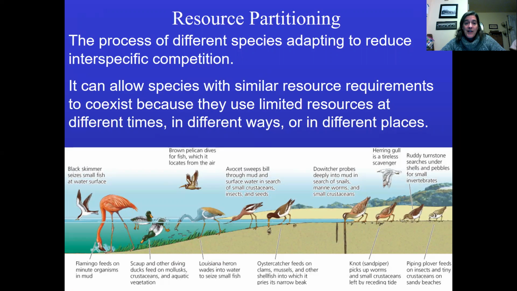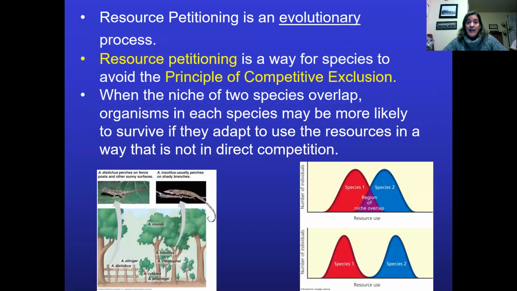And so resource partitioning means that within an ecosystem, the different organisms there will use different resources in different ways, or in different places, or sometimes even at different times, like night versus day animals. And in this sense, you reduce that competition and you won't have things being driven extinct. So it's an evolutionary process, and it's a way for species to avoid that whole principle of competitive exclusion. So when the two species overlap, they'll be more likely to survive if they're not going to compete as much.